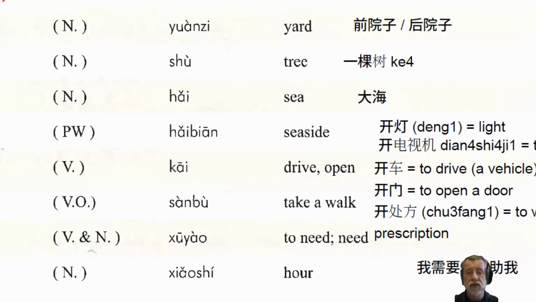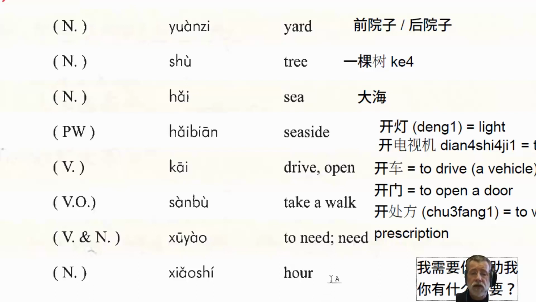So there we have it as a verb. But let's say in some kind of service situation where somebody's offering you a service, they might ask you, 你有什么需要? So, what need do you have? So the first one, 我需要你帮助我, is a verb, and in the second one, 你有什么需要, it's used as a noun.